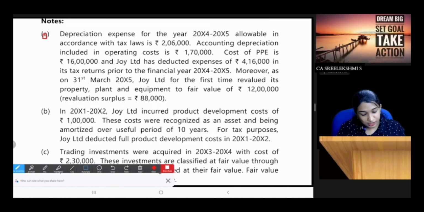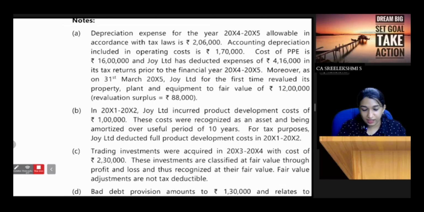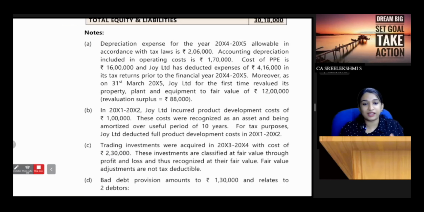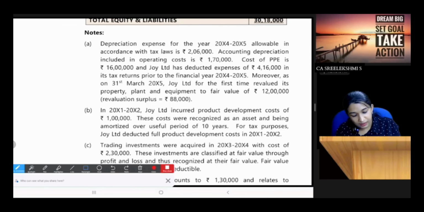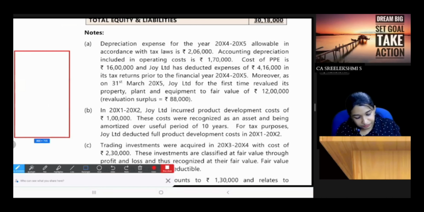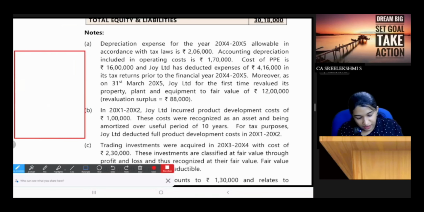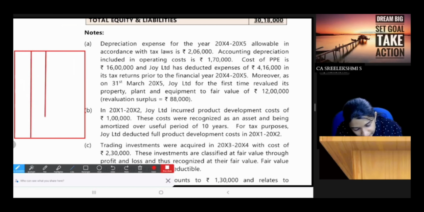See, what I'm trying to tell you is, when you answer a proper Ind AS 12 question, you have assets and liabilities with a particulars column, then carrying value, tax base, and difference.